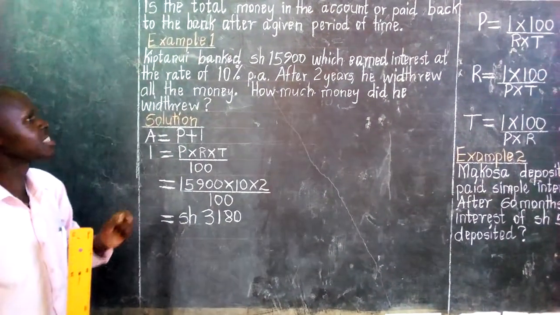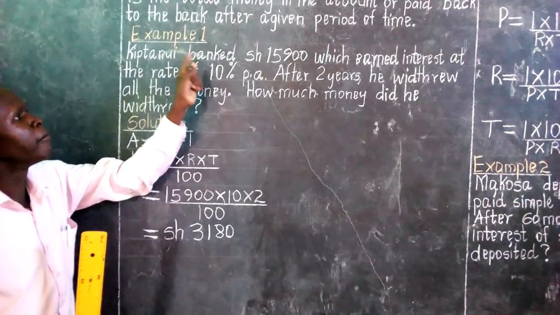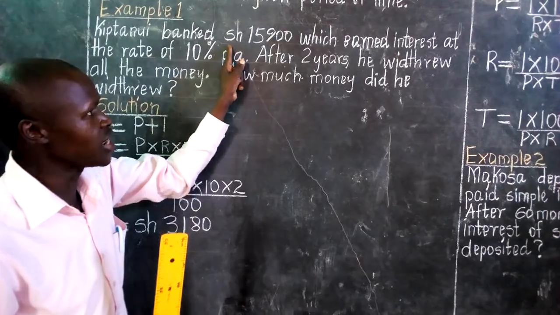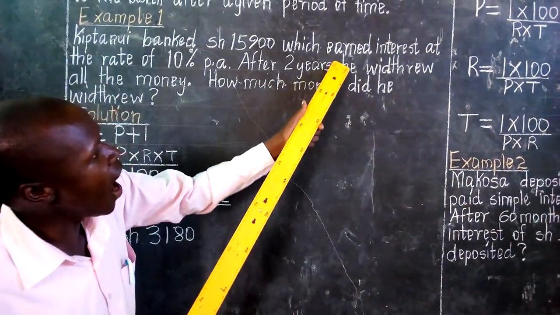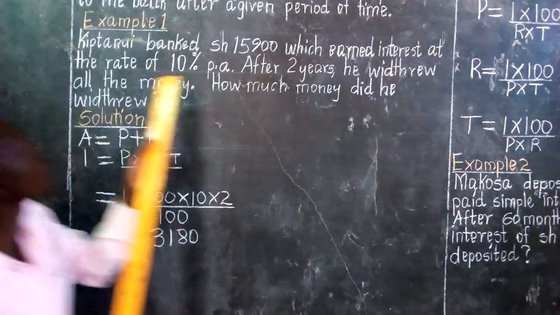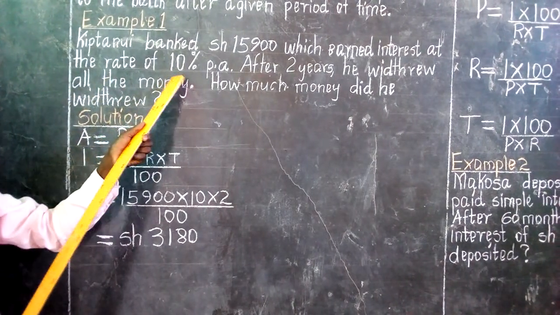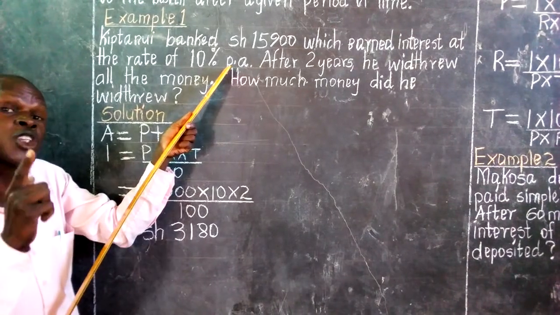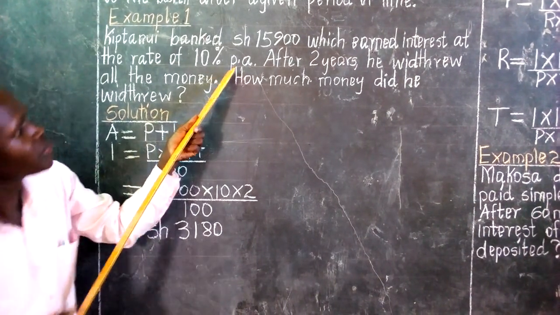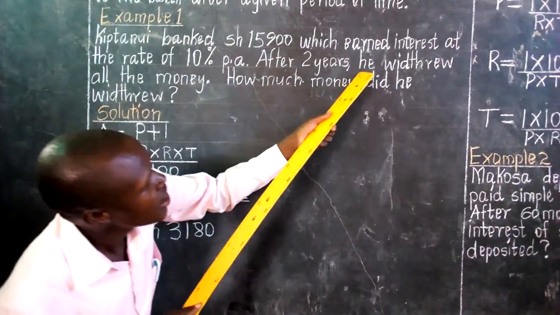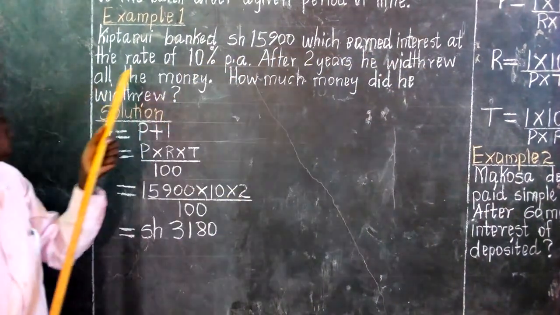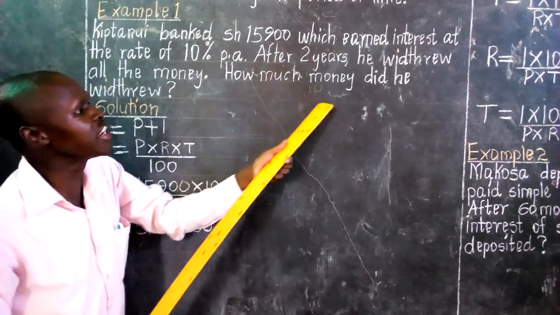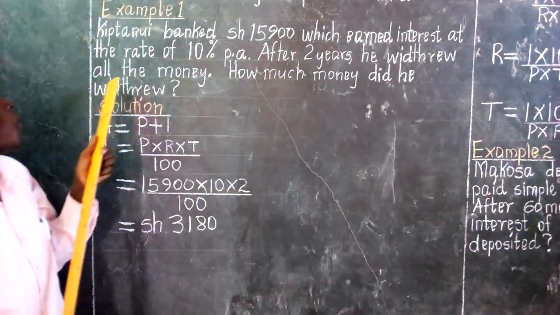The example reads, Kiptanui banked 15,900 shillings, which earned interest at the rate of 10% per annum. P.A. means per annum, which also means per year. After 2 years, he withdrew all the money. How much money did he withdraw?